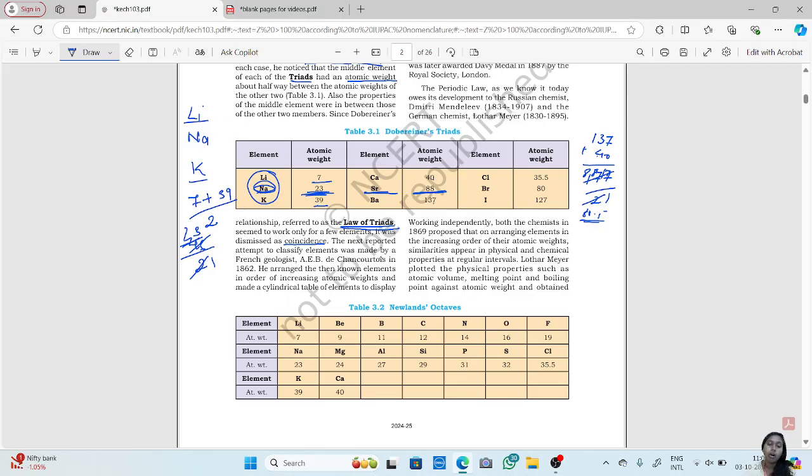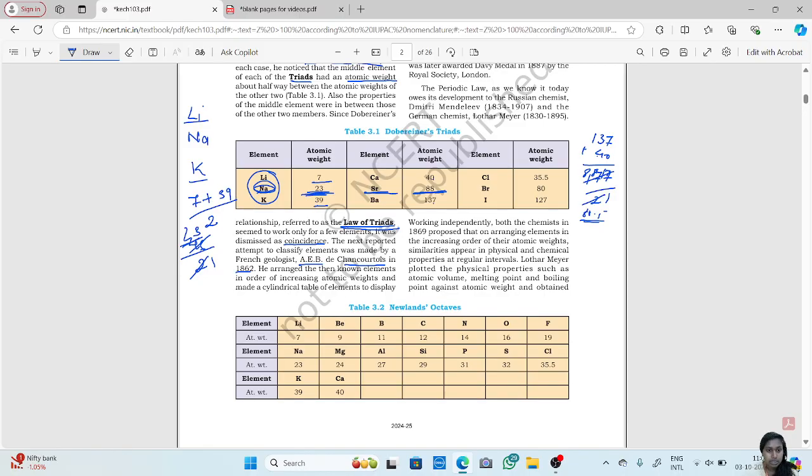Once the law of triads was eliminated, there was another attempt to classify the elements, made by the French geologist A.E.B. de Chancourtois.